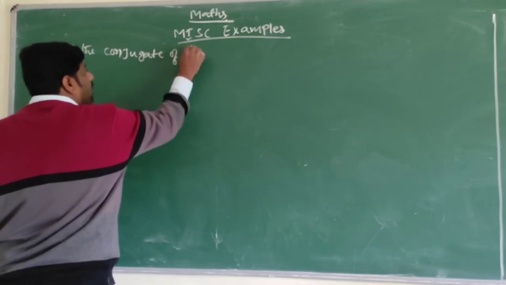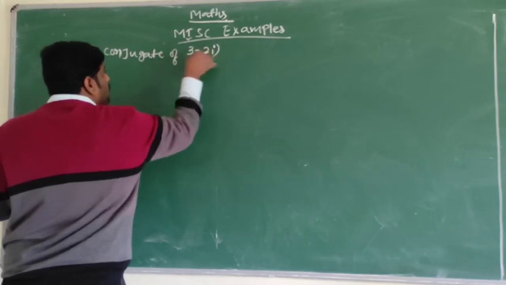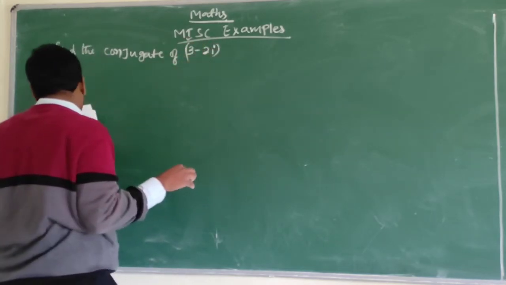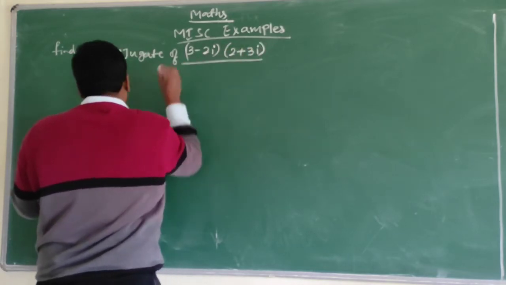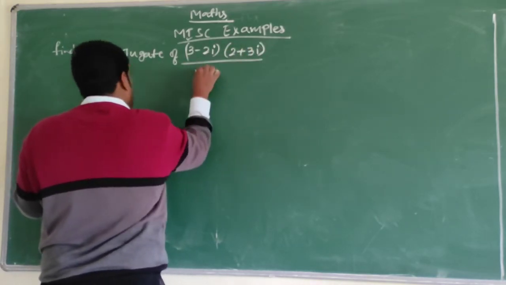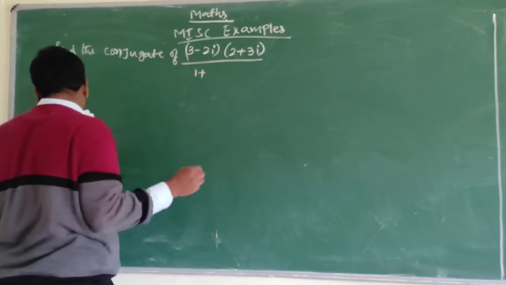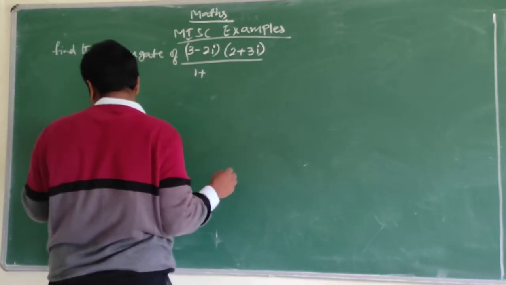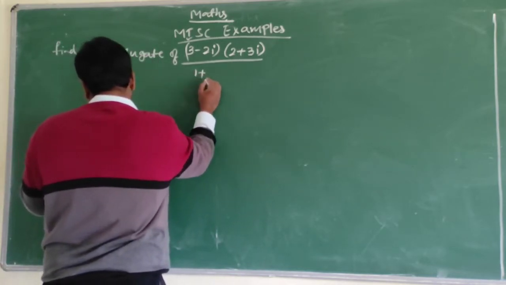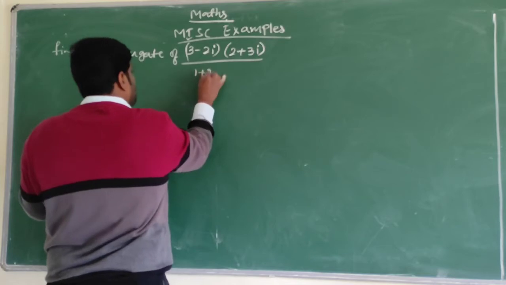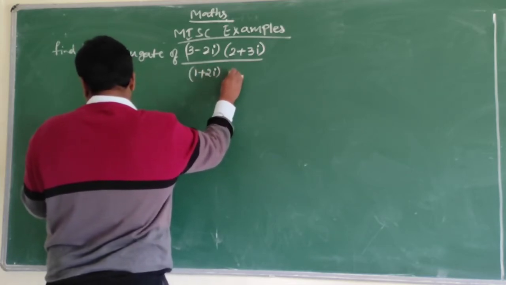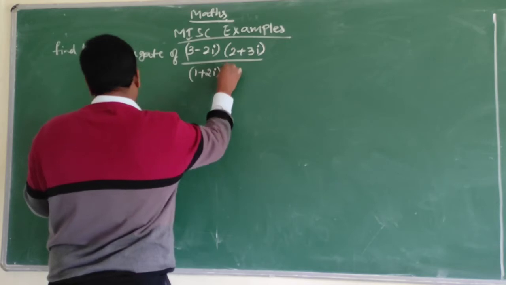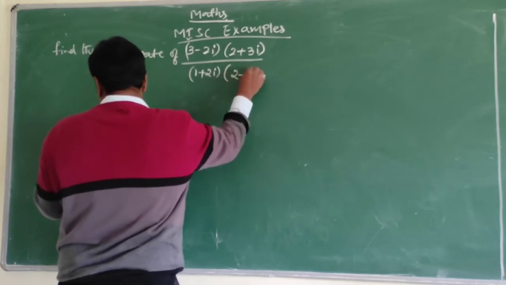Find the conjugate of 3 minus 2i into 2 plus 3i divided by 1 plus 2i into 2 minus i.